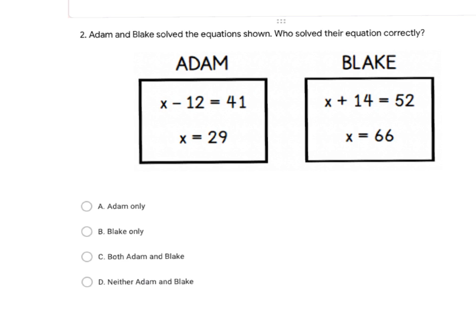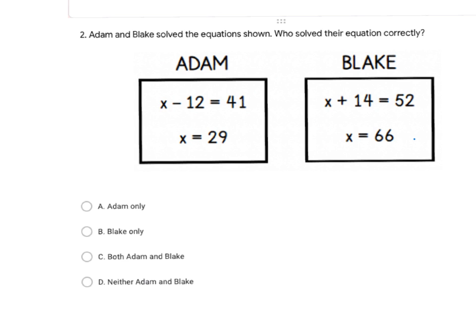You can plug in the value that Adam got for x into his equation, and plug in the value that Blake got for his answer for x. That's one way. And then another way would be just to solve the equations yourself and try to figure out which one works. I'll show you both ways.